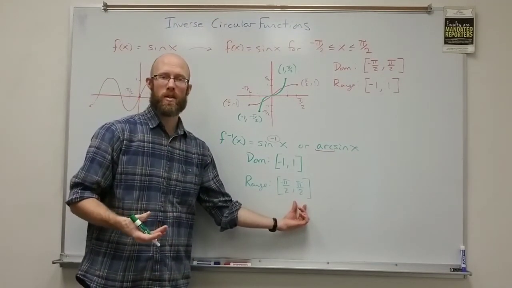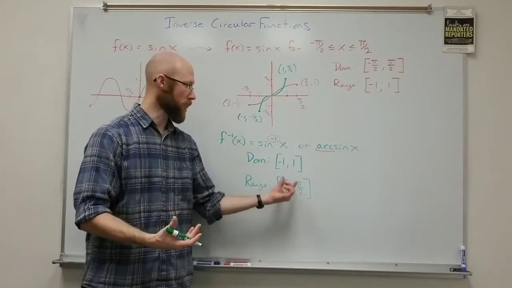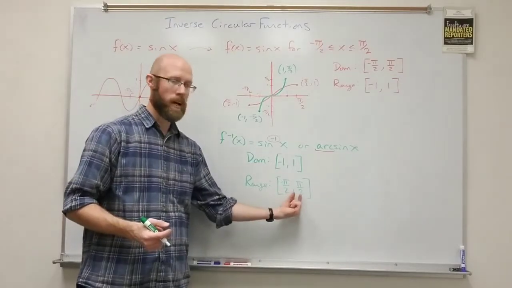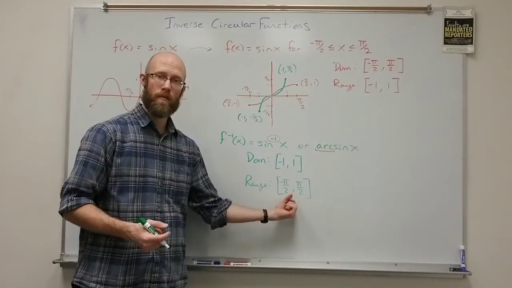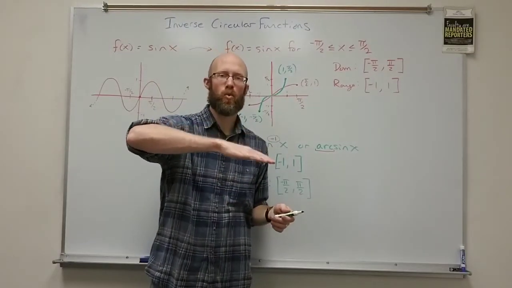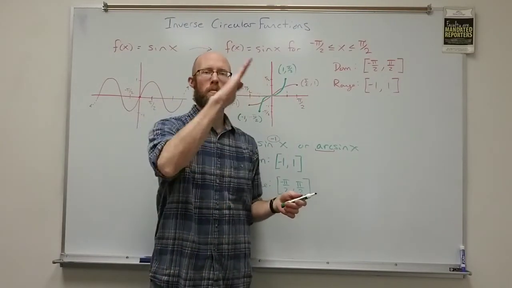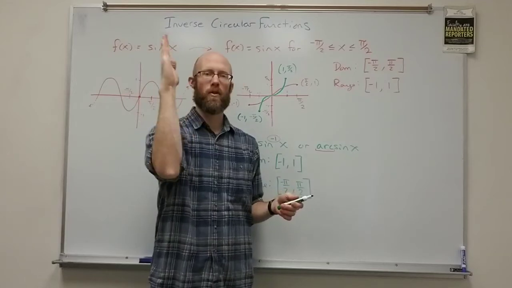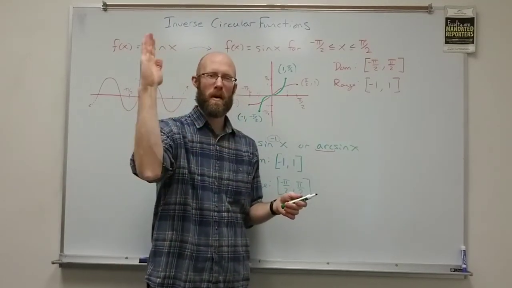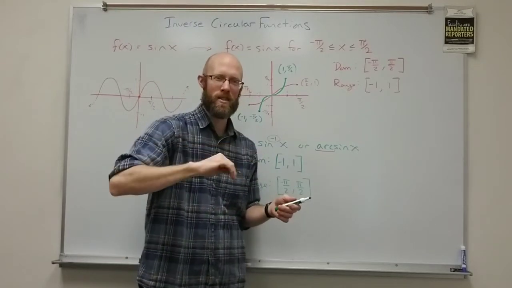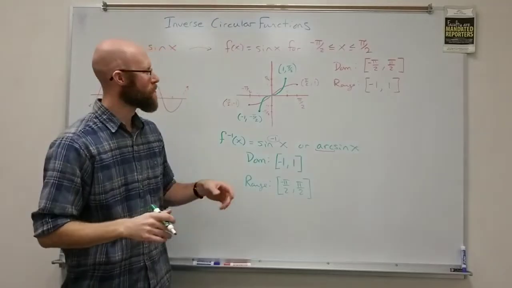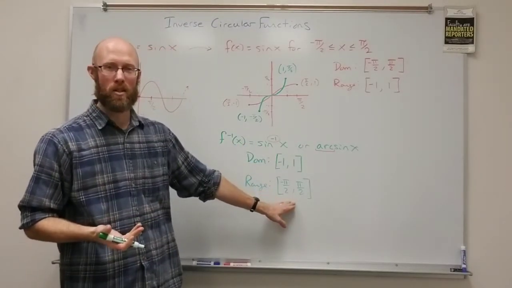What that tells us is that the output for the inverse sine can only be in the fourth and first quadrants. Think about this interval. Values between negative pi over 2 and pi over 2 are in the first and fourth quadrants. If you can imagine where my arm is, the axes there. Anyway, that's your range.